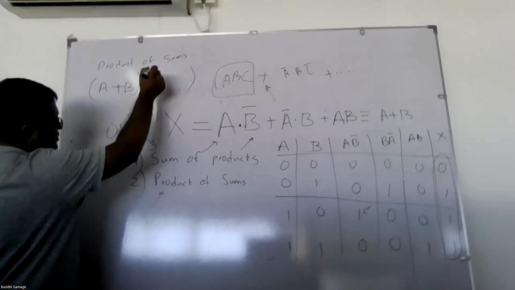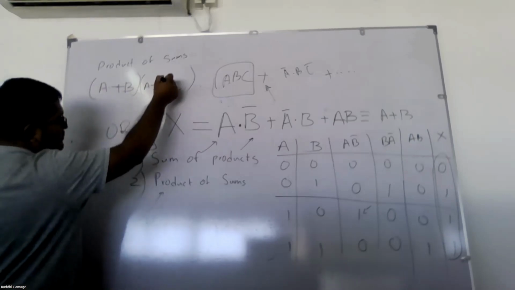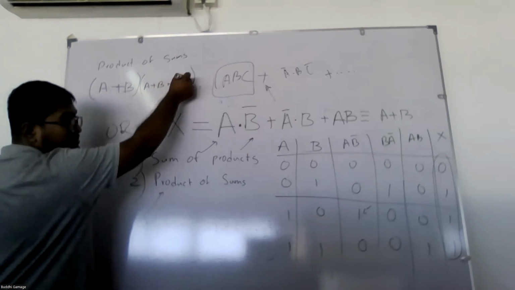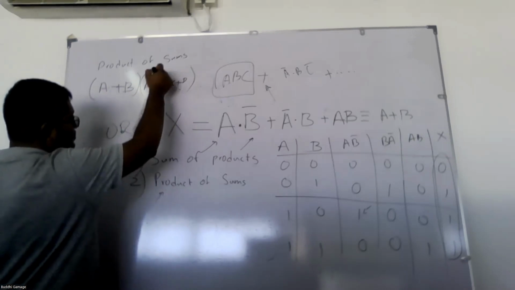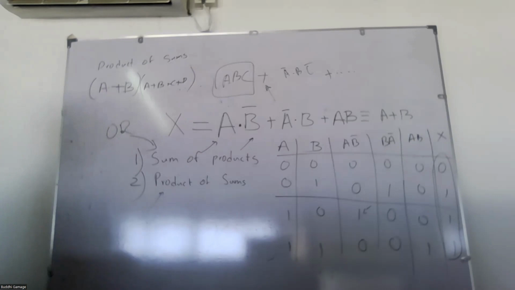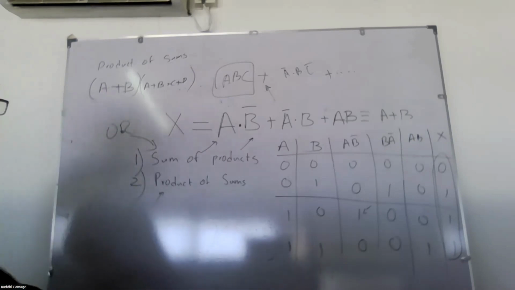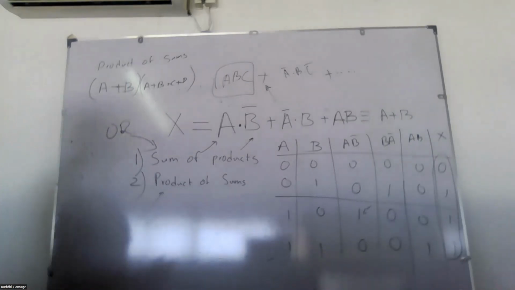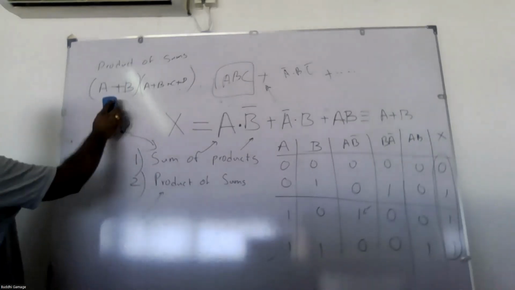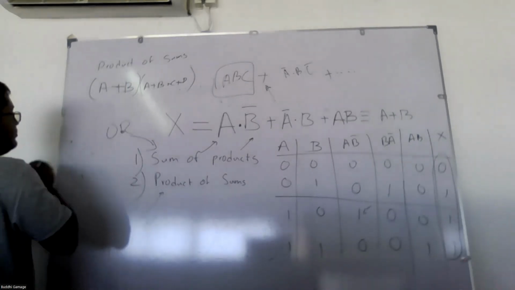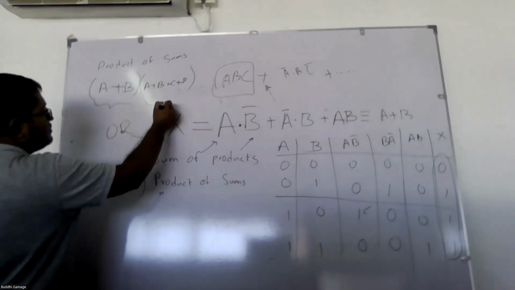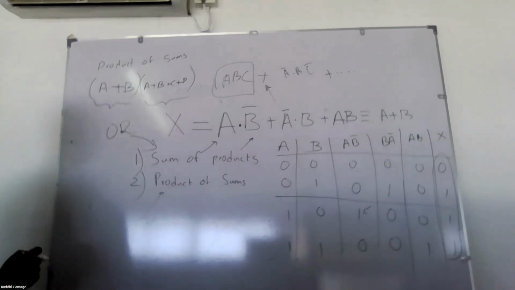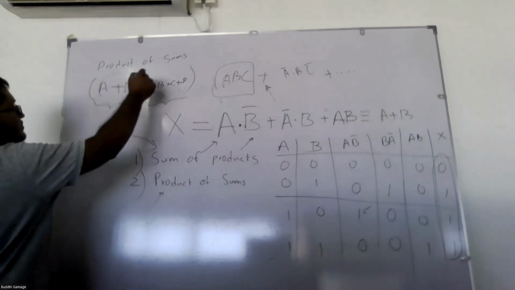There can be more than one variable. Like that. Here we have sum of products, where these are all the products. Here, product of sums, these are sums.